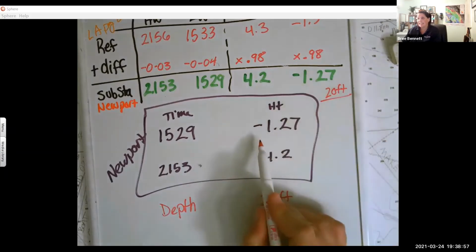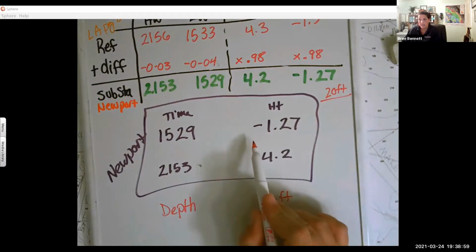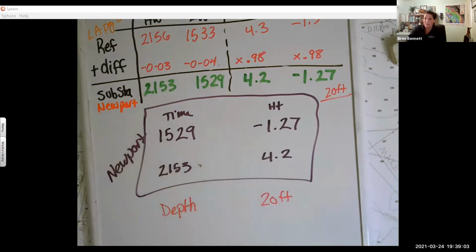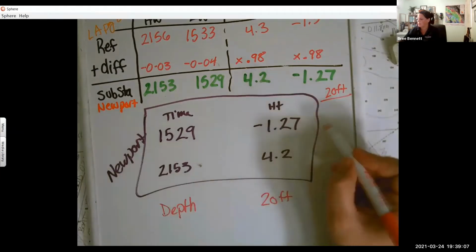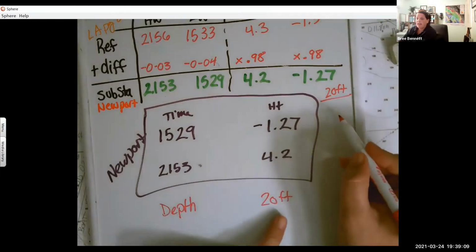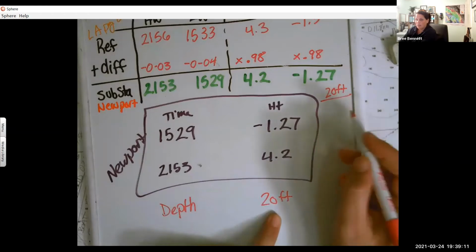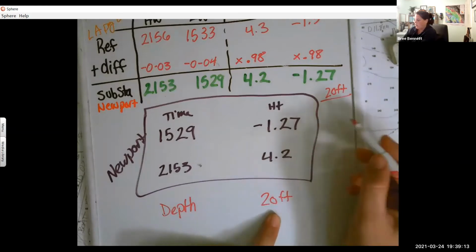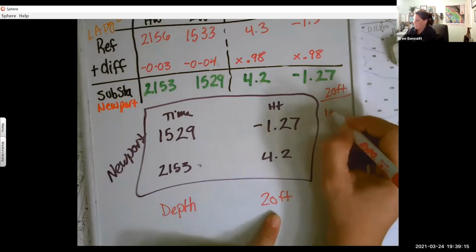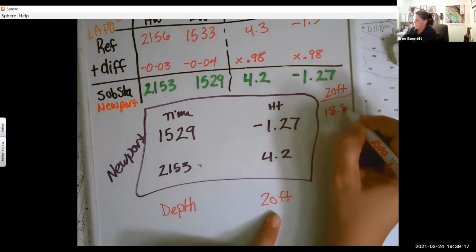So this one is negative. We came across our negative tide. So it doesn't mean we're seeing the ocean floor, right? It just means it's shallower than the charted depth. So we can go with 18.8.